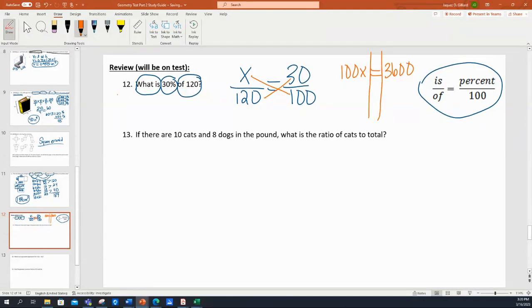We have 100 times x, the inverse of multiplying is to divide. So we're going to divide by 100 on both sides. And when you divide by 100, we're left with x equal to, if I cross out this 0, cross out that 0, we have 36. So we know that 36 is 30% of 120. Good job.